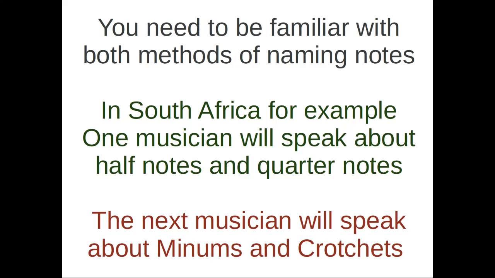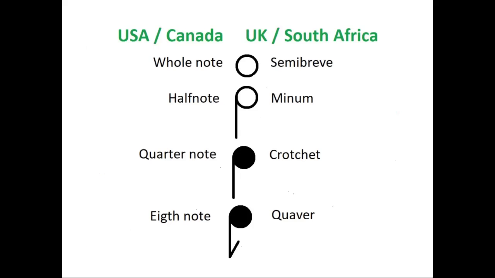And then the very next musician you speak to will be speaking about minims and crotchets, quavers and semi-breves. And you need to adapt straight away, because some of them won't be able to switch between the two. So as a good theoretical musician, start off by memorizing both methods so that you can actually use both methods successfully.